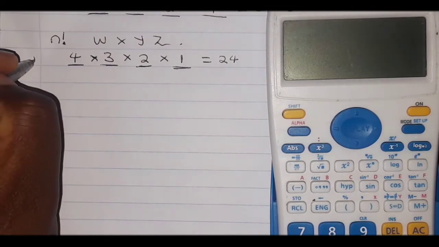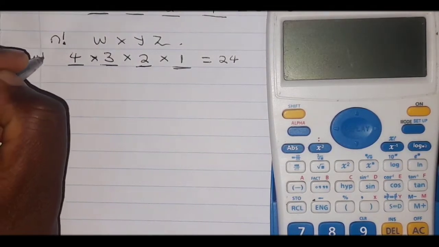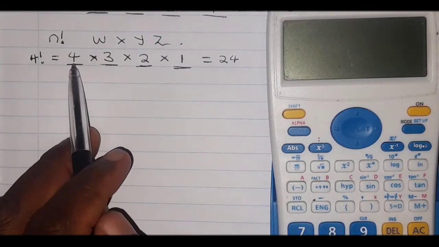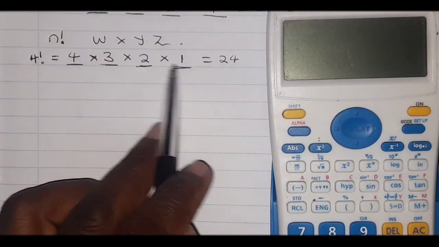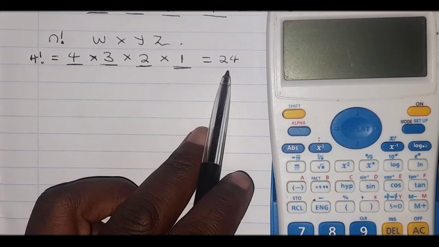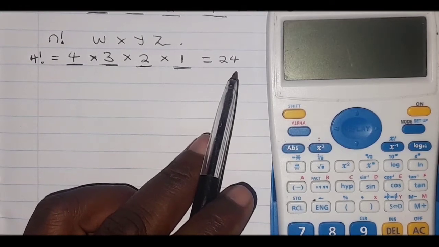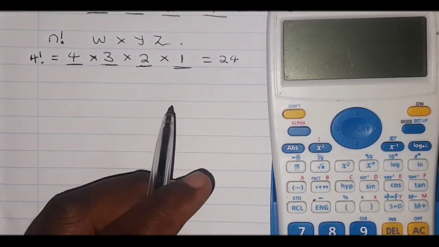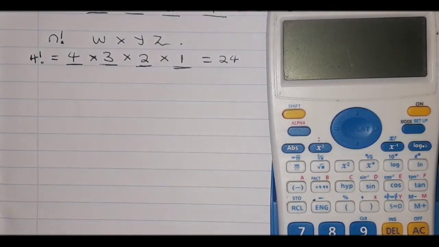So this will be 4 factorial. 4 factorial is 4 times 3 times 2 times 1, and it gives us 24. That's how we use the factorial function.